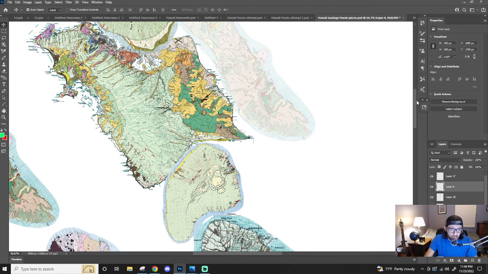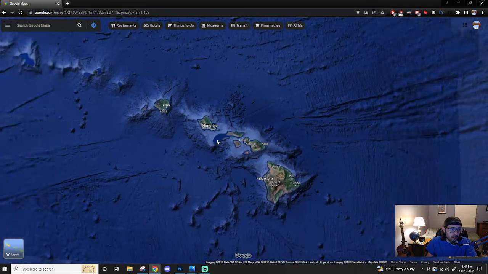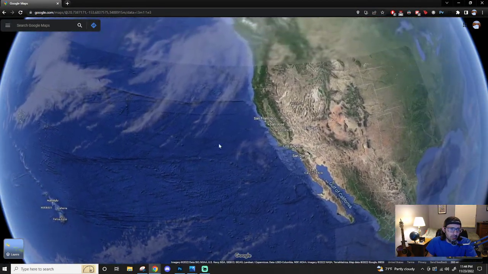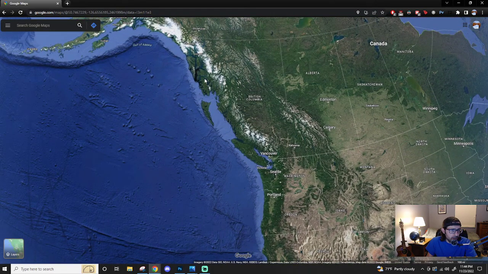Let's maybe zoom out real quick. This one doesn't show it quite as well. This here, I was like, what does this look like? It looks like something. I kept thinking about it. I think it looks like, of all things, kind of like California, but really more so like here.